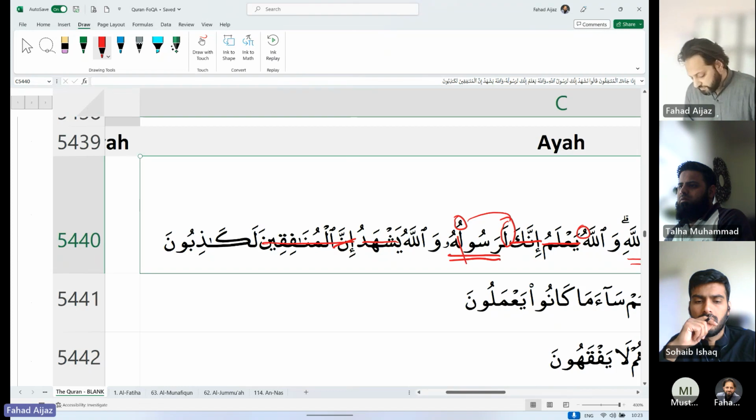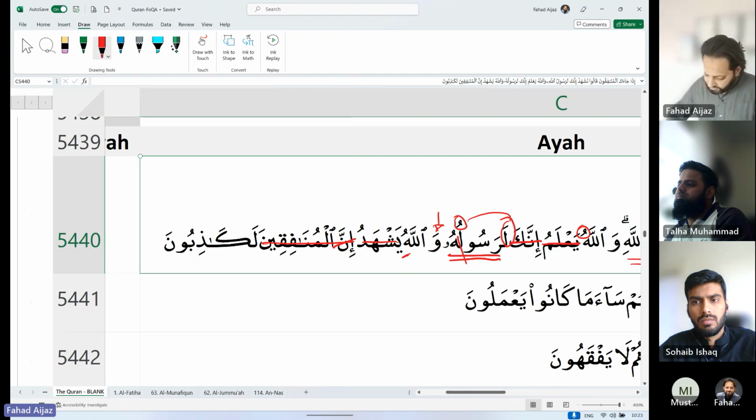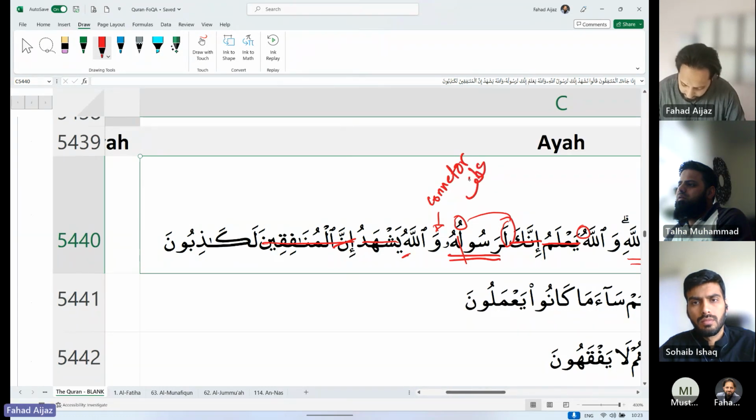So Wallahu is not harf of jar, because if waw was harf of jar, hu should have been hi, which is not the case, right? Correct. So it's not harf of jar. If it is not harf of jar, what type of waw is it? This is a connector waw. Call it ataf. And it means and, as you said.